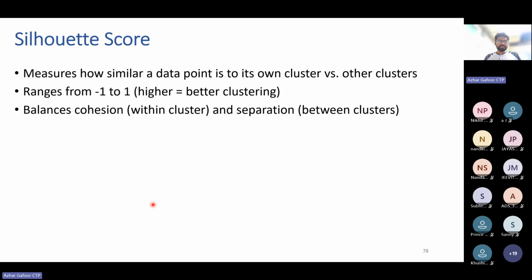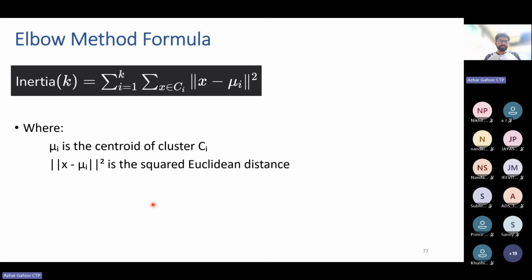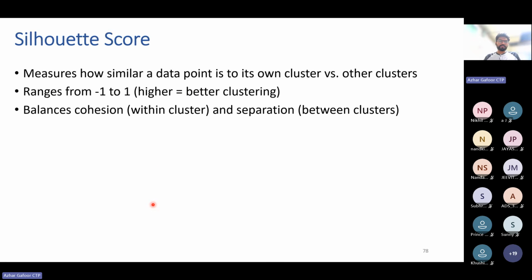So we have already seen the elbow method. Now there is another one called Silhouette score. Silhouette score is another metric which measures how close a data point is to its own cluster versus other clusters.